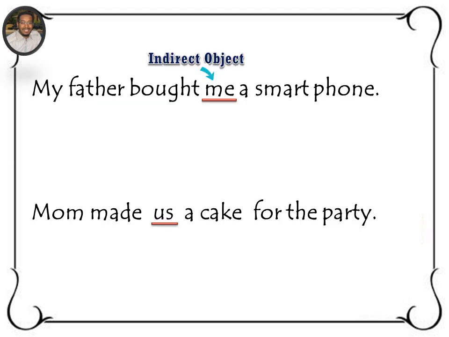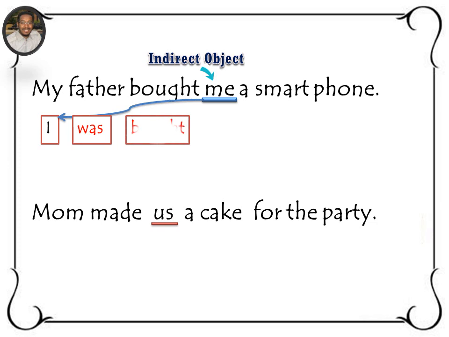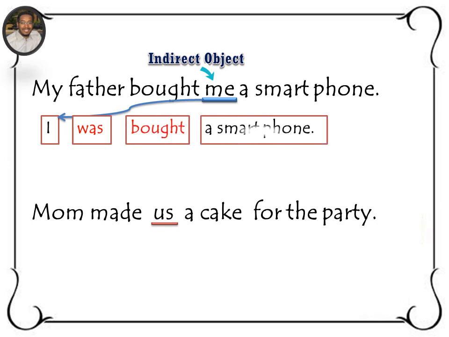So if we want to make the passive of a sentence including a pronoun like me, the only difference is that the object pronoun becomes a subject pronoun, and the other steps remain the same. So we have I was bought a smartphone.